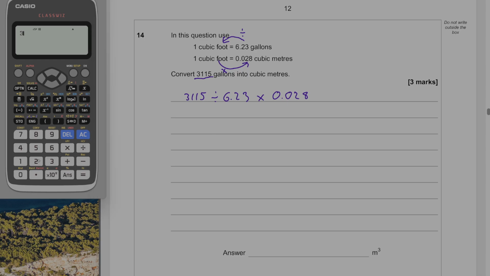And I can do it like one sum. There's no particular need, provided you've shown what you're typing into your calculator, for you to include an additional step. You just need to make sure that what you've typed in is correct. So starting value divided by the exchange rate, times by the exchange rate.